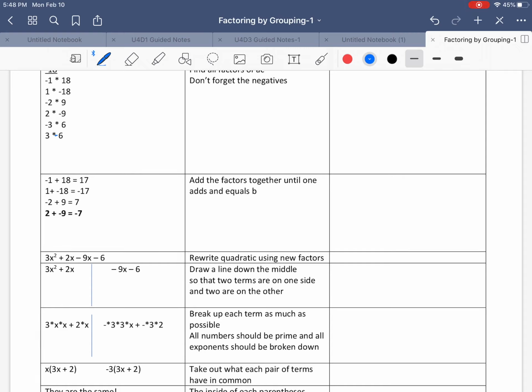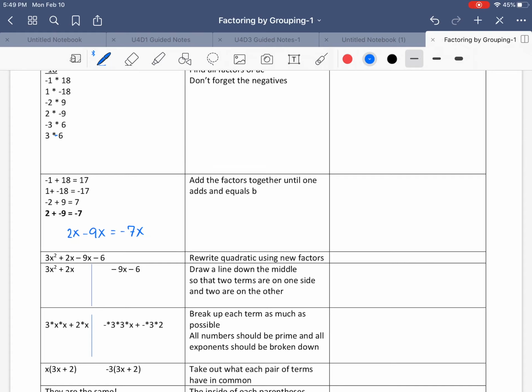Those are our factors. What that means is we're going to replace -7x with 2x minus 9x, because 2x minus 9x equals -7x, and that's the value that we're replacing.